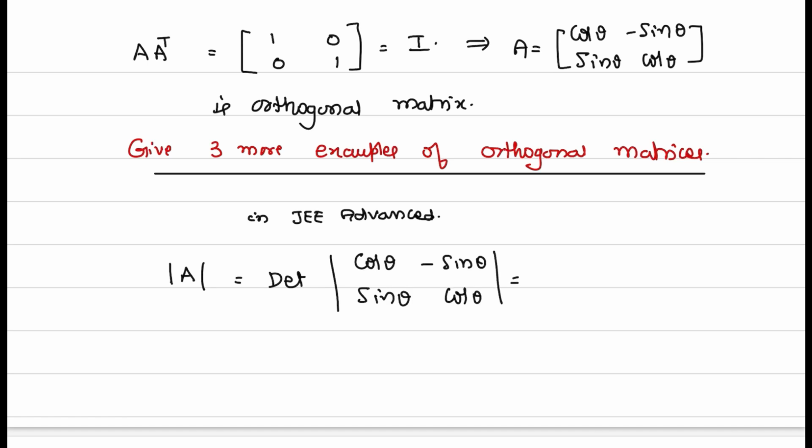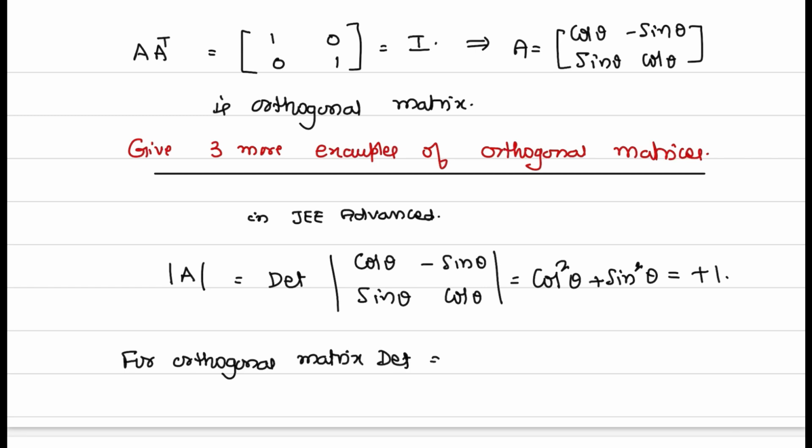That is equal to cos theta into cos theta, cos square theta, minus of minus sin theta into sin theta, that is plus sin square theta, which is equal to plus 1. Determinant is equal to 1. That means this is also another important concept for an orthogonal matrix. Determinant is equal to plus or minus 1.